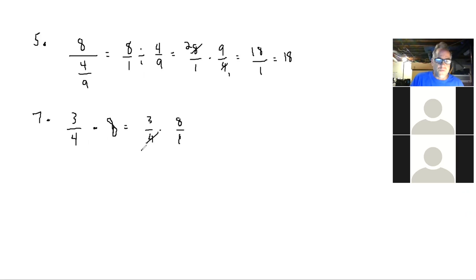Now, the 4 goes into 4 once, and 4 goes into 8 twice. So it ends up 1 times 1 on the bottom, which is 1, and 3 times 2, which is 6. So I would need 6 pounds of jelly beans. Questions on that?